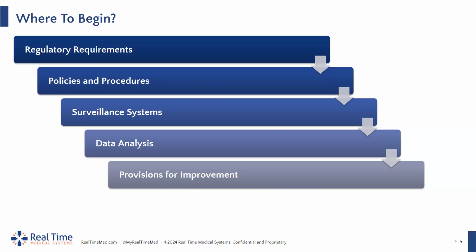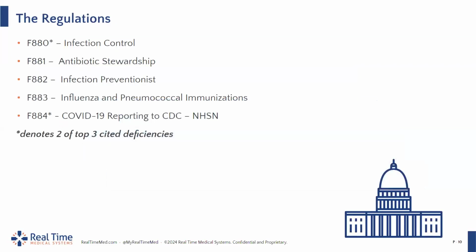Go ahead, Kim. So the regulations, I've just listed them there for us. We're going to dive into a couple of them. The infection preventionist: please note that if you do not have an infection preventionist in the facility, you need to go ahead and get one. I will also let you know that in the state of Pennsylvania, as the director of nursing, you should not be the infection preventionist, unless you have a very low census.